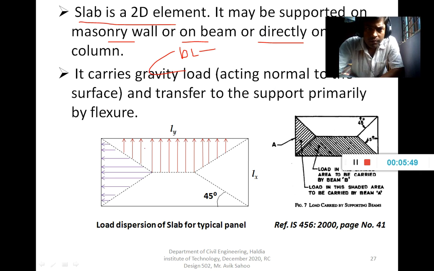This load is transferred to the support, because the slab is supported on beam, so the load is transferred to the beam. And how is the load transferred? Load is transferred to the support primarily by flexure, meaning by bending, whereas in a beam the load is transferred to the support by shear and flexure.